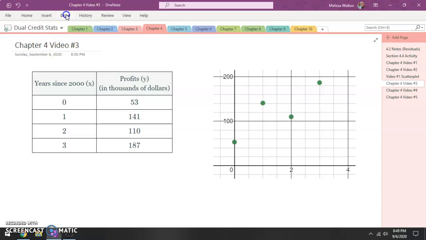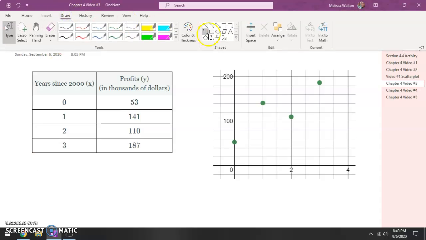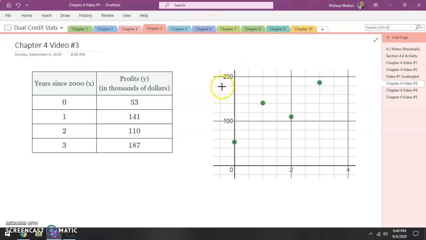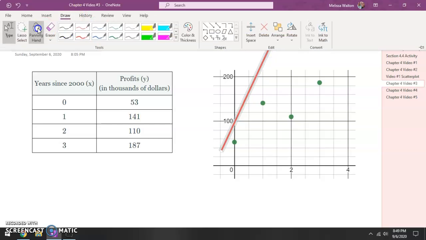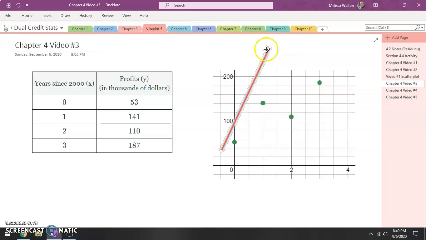And essentially what that is, we're going to try to come up with an equation, a line of best fit that represents this data the best, not necessarily goes through it. So obviously this would not be a good line of best fit because it doesn't really fit the data. We would want it to go somewhere in here, probably trying to minimize those distances.